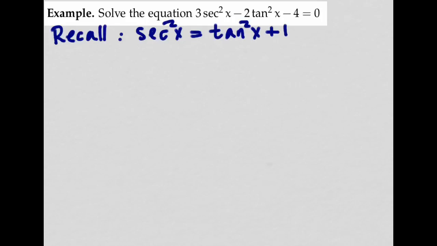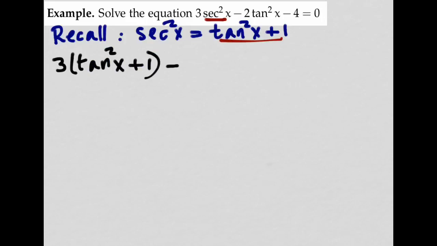So I'm going to replace the secant squared x with tangent squared x plus 1 to get 3 times (tangent squared x plus 1) minus 2 tangent squared x minus 4 equals 0.